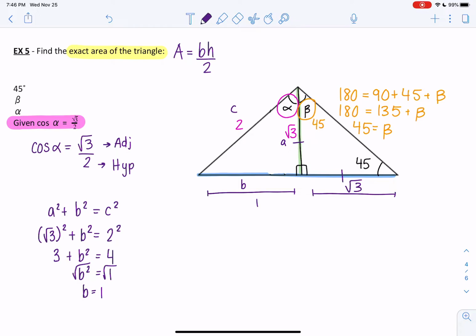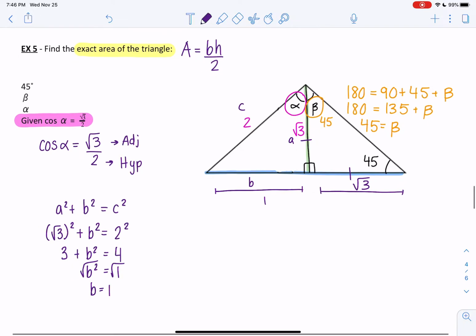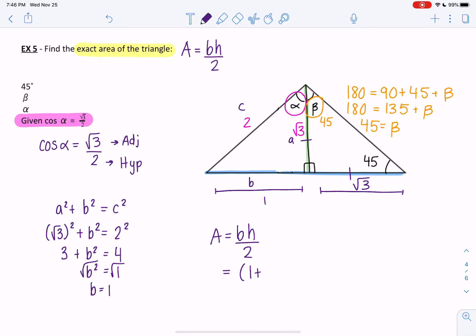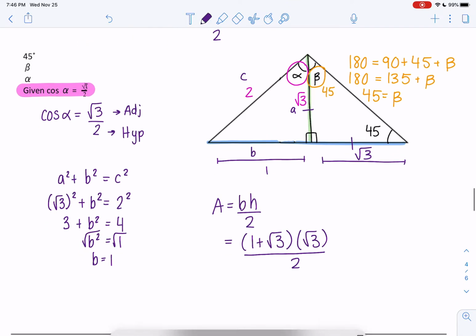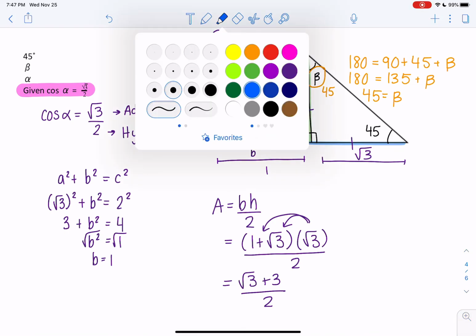So now we have our height and our base, so we can find our area. So area equals base times height divided by 2. My base is equal to 1 plus root 3, and the height is equal to root 3 all over 2. Now I'm just going to distribute in that root 3. So we'll have root 3 plus 3 over 2. And that is our final answer.